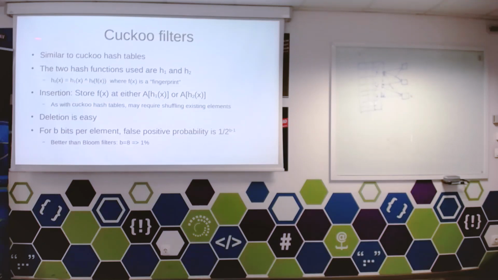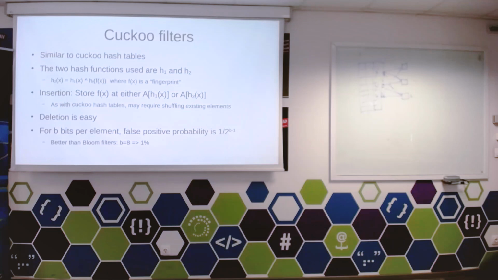And we have a hash function that hashes fingerprints. If the fingerprints are small, this could be a random pre-generated table or whatever you want. So a good random hash function and a good random fingerprint function are the important things you need.